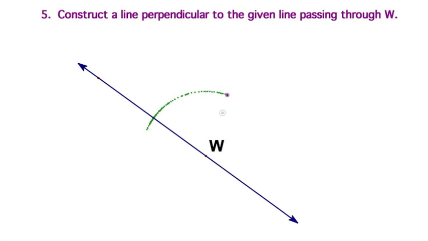I'm going to swing it all the way around there and get a good mark there. And what I've done is I've come up with 2 points. I'll call them T and S respectively. And those 2 points are equal distance from point W, or as we like to say, they're equidistant from point W. So now I'm going to do what I've done in the past.